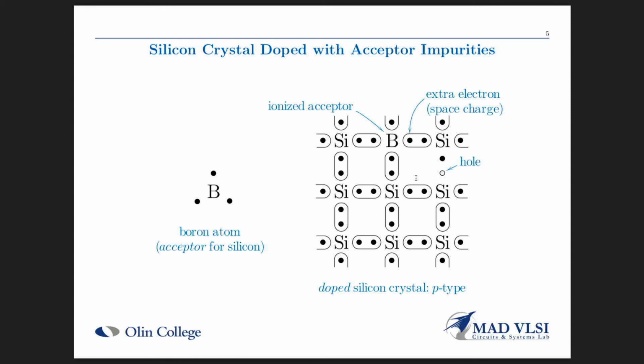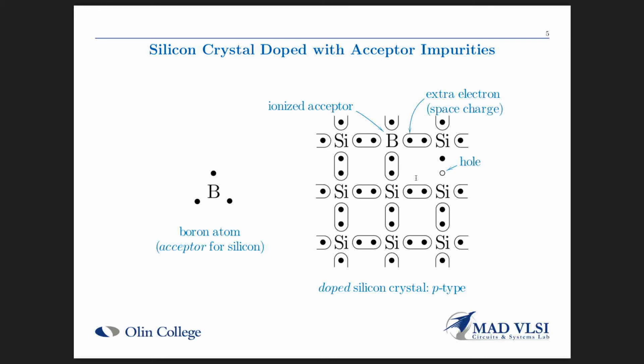But if you think about what level of impurity this is, if we say it's 10 to the 18th, and there are roughly 10 to the 23rd silicon atoms per cubic centimeter, that means the level of impurity that we're talking about here is 10 to the minus 5th. That's like 10 parts per million, which is a very, very low level of impurity.